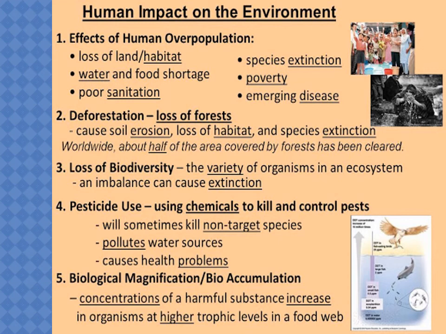Biological magnification, or bioaccumulation, is the increase in concentration of harmful substances in organisms at higher trophic levels in the food web. Pesticide use is another problem: chemicals meant to kill and control pests will sometimes kill non-target species.